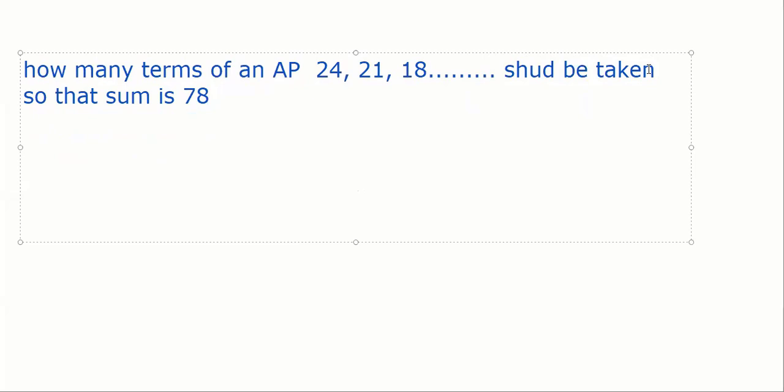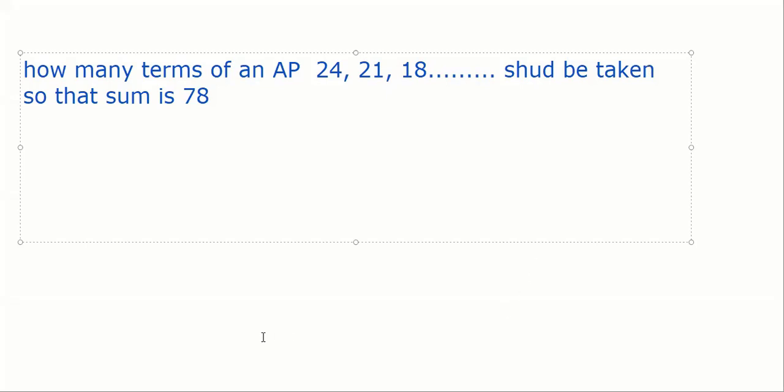Vallabh says 4 terms. What do others say? How many terms of the AP should be taken so that the sum is 78?